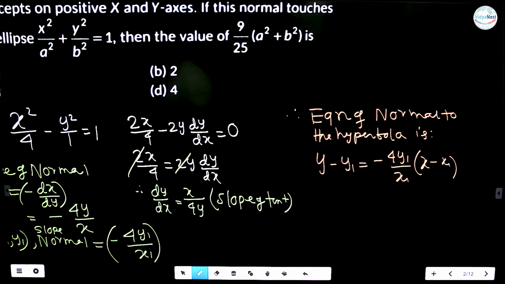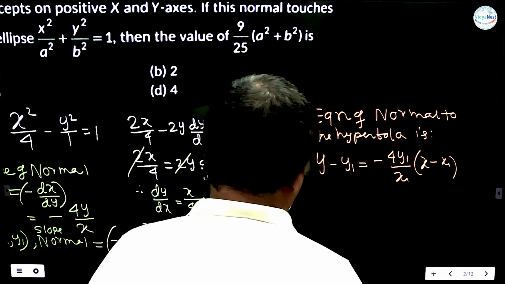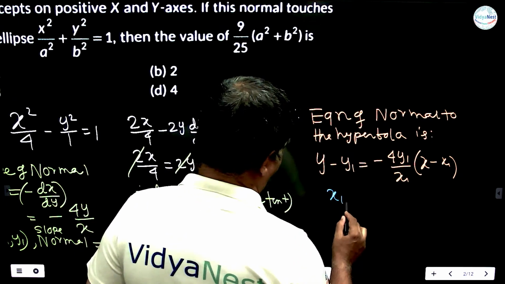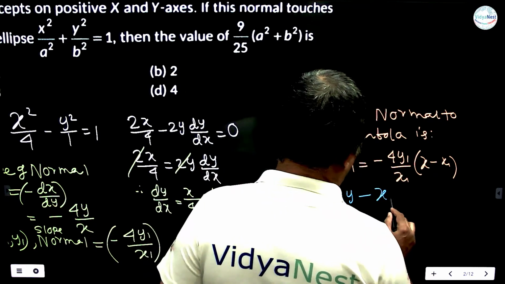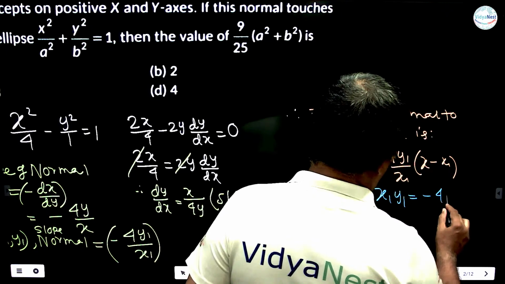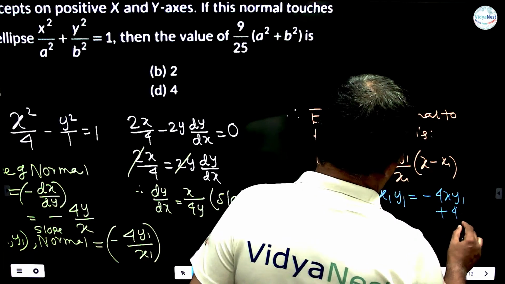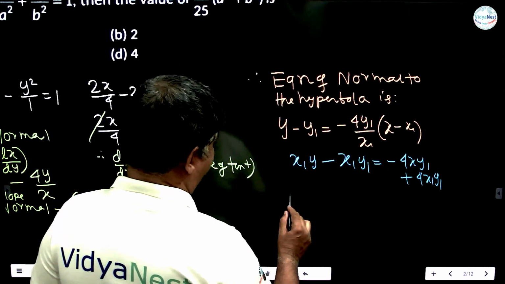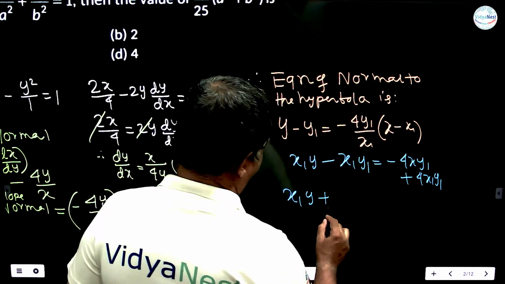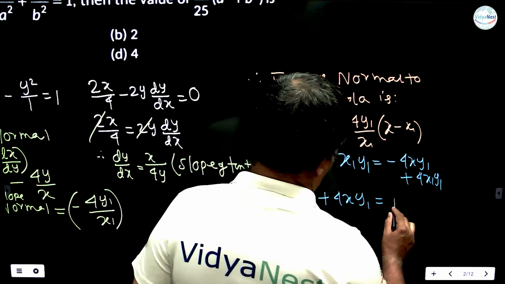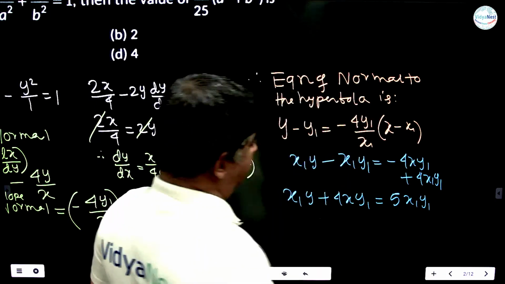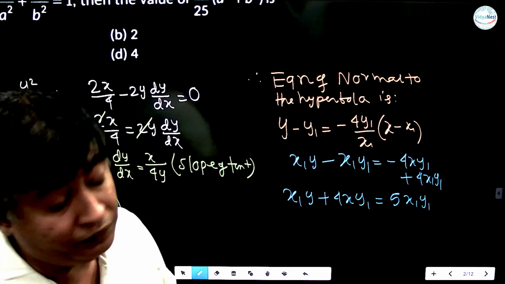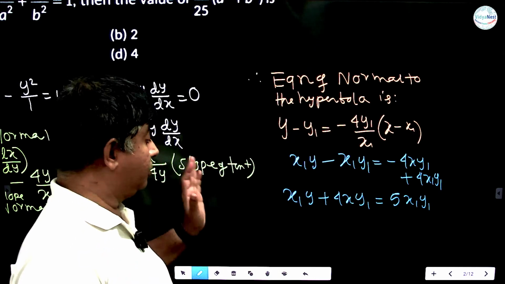Now we have got this. That is the equation of the normal. Yes or no? Yes. No toughness is there.